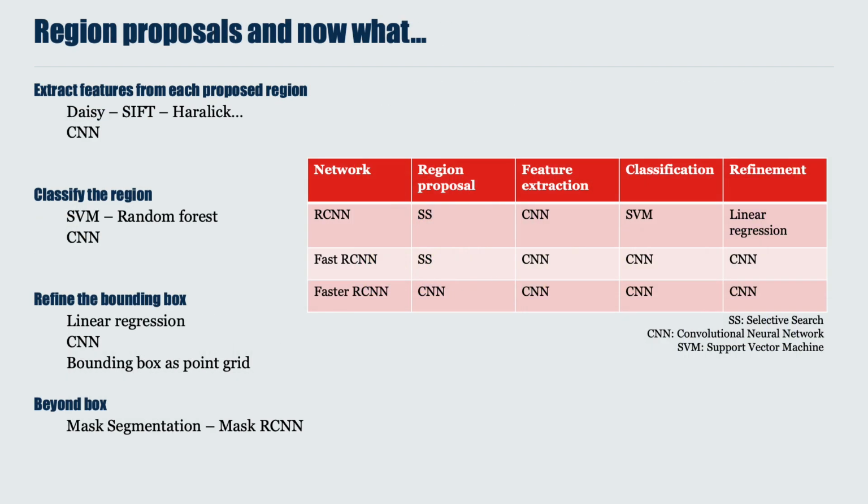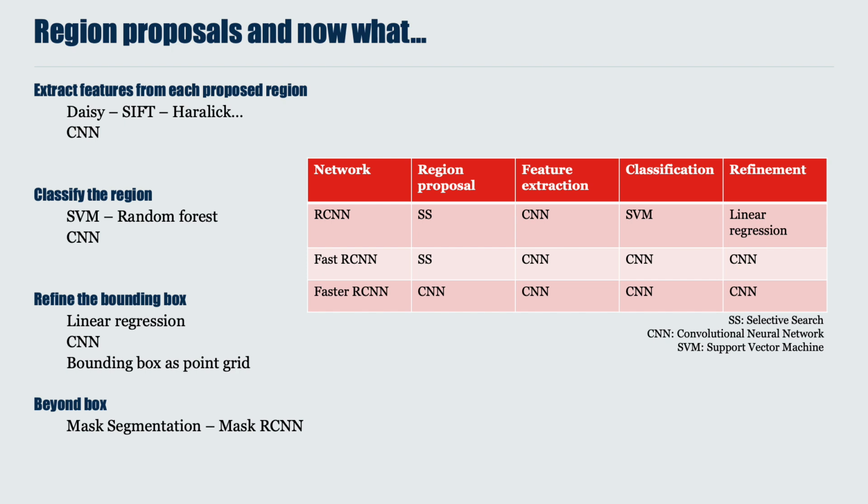So once you have region proposals, what do you do? You may decide to extract features from each of the proposed regions because you want to know if indeed the region that you are proposing corresponds to an object or not. And then you want to be able to classify it as a specific category that you want to detect.